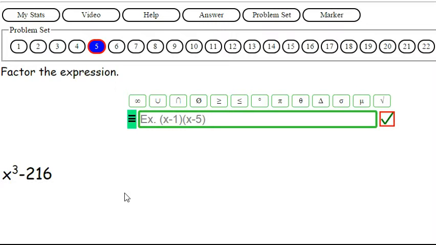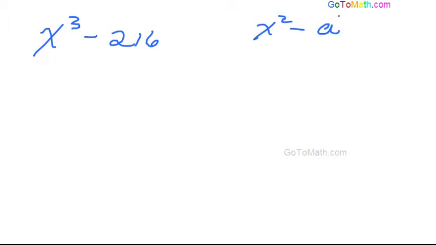We have x cubed minus 216. If you remember, the difference of two squares had a formula.